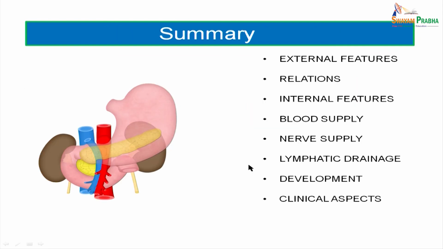In today's session, we studied the different external features of the duodenum. The duodenum is a retroperitoneal part of the gastrointestinal tube measuring about 25 centimeters. It is quite narrow as compared to the rest of the GIT. The important relations which we saw were the posterior relations, the anterior relations, the opening of the bile duct into the second part of the duodenum, and the important relations to the convex surface.